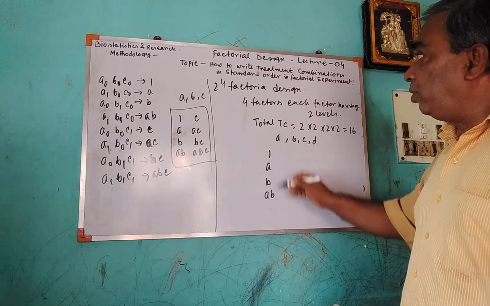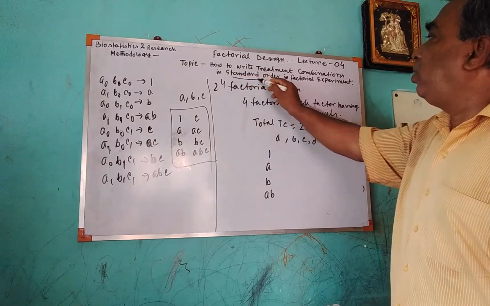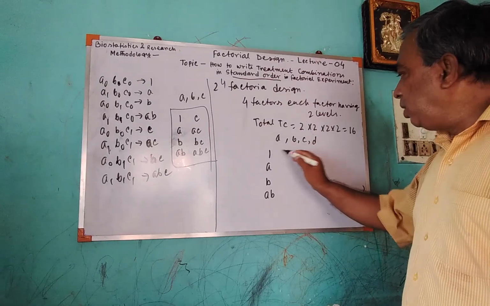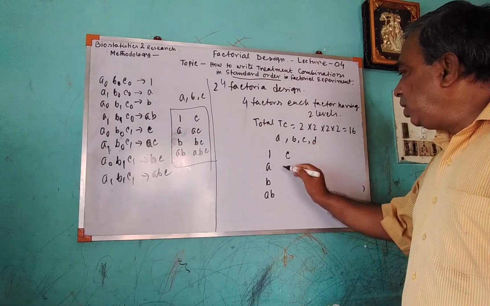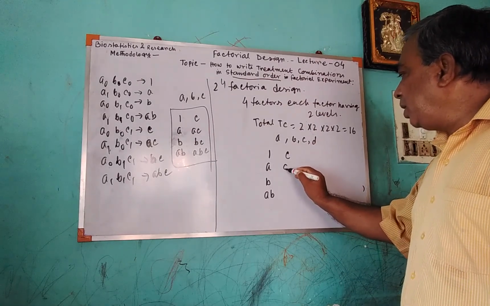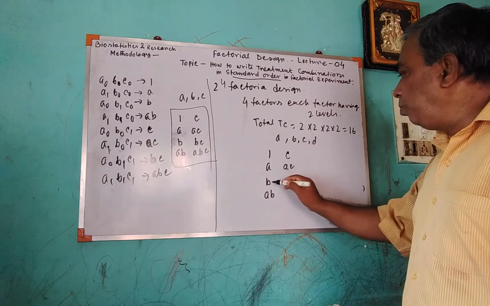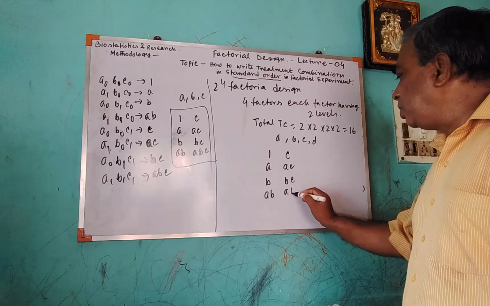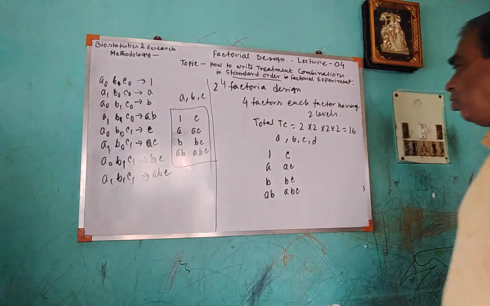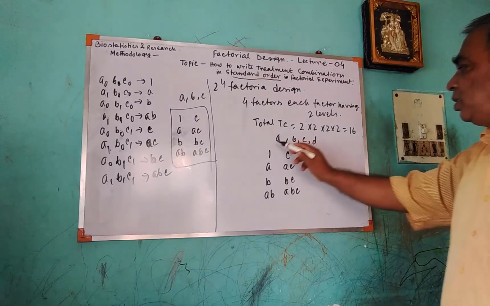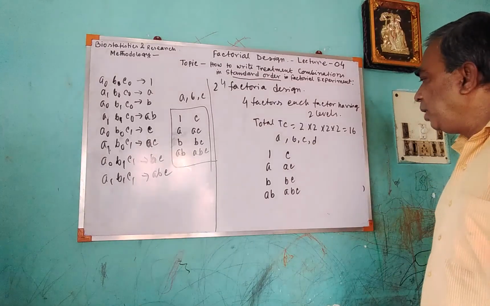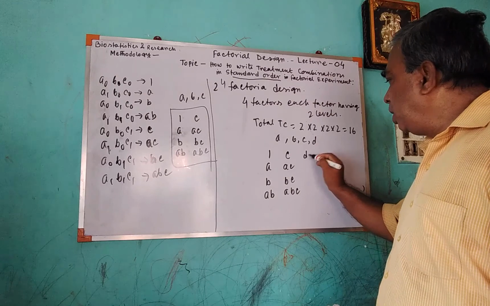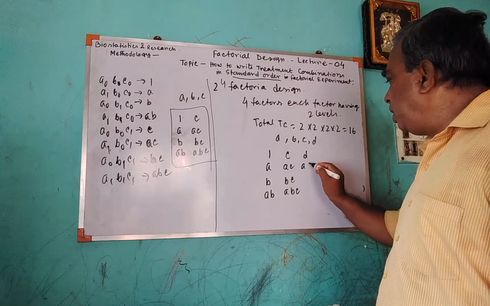I have written here in standard order. Then multiply this by C. C into 1, that is C. Then C into A, that is AC. Then C into B, that is BC. Then C into AB, that is ABC. Now multiply these by D. D into 1, that is D. Then D into A, that is AD.